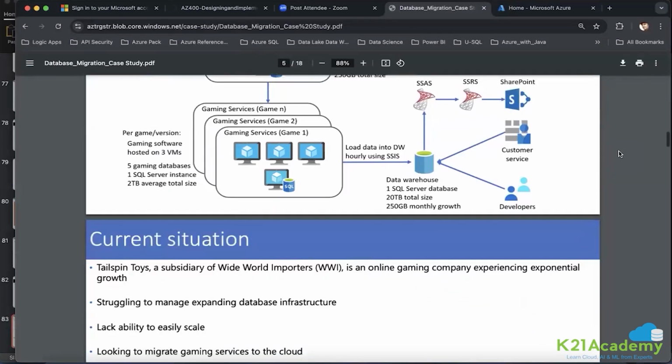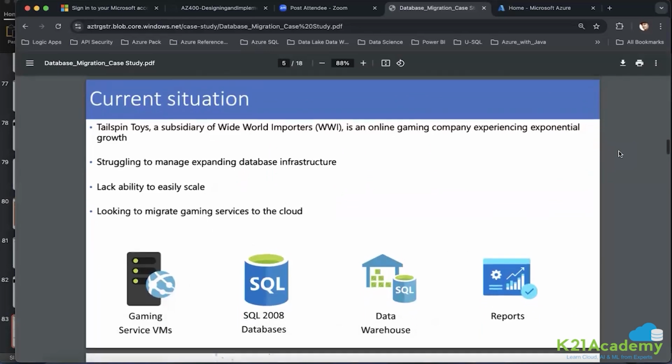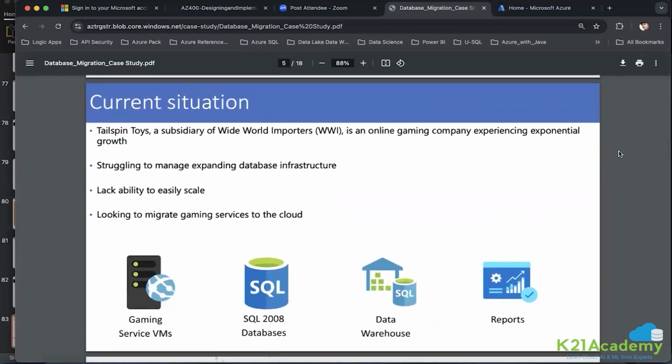Now, looking at the current situation, Tailspin Toys is a subsidiary of WWI. Just a summary of it: it's an online gaming company experiencing exponential growth, struggling to manage expanding database infrastructure, lacking the ability to easily scale, and looking to migrate gaming services to the cloud.